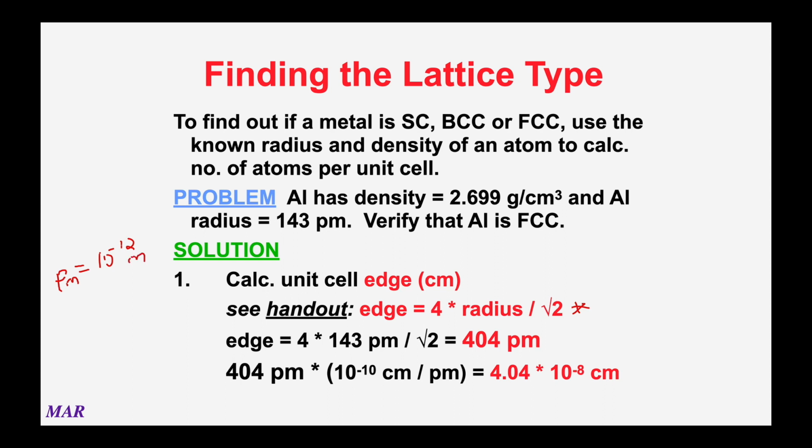So a pico is something we'll run into once in a while. Another unit we'll run into in this section is an angstrom, and an angstrom is 10 to the minus 10 meters. We're going to run into some pretty small units. Angstrom is not technically a metric prefix, but it is used a lot in these, so just FYI.